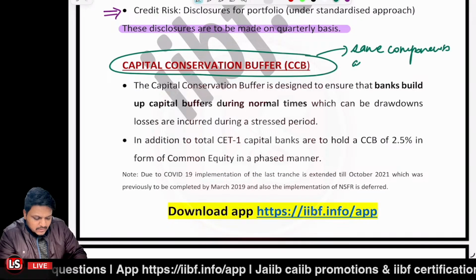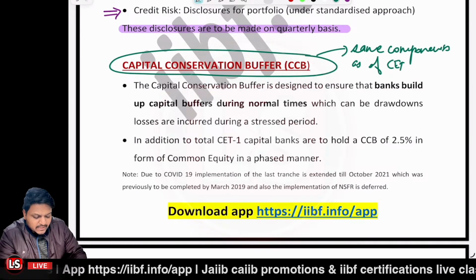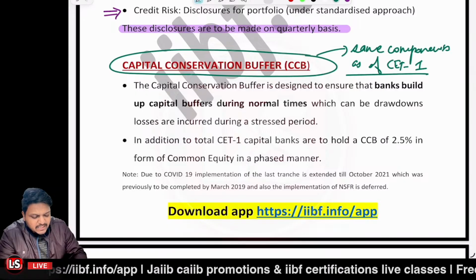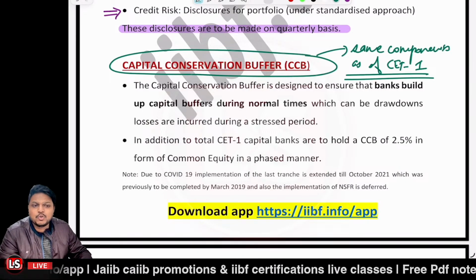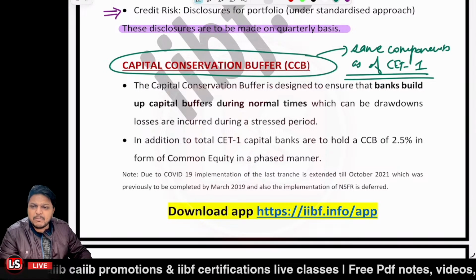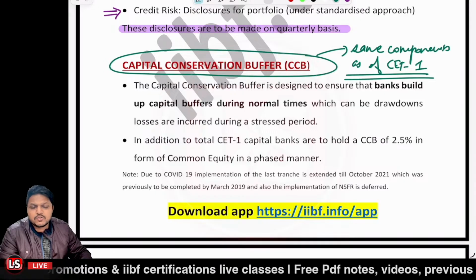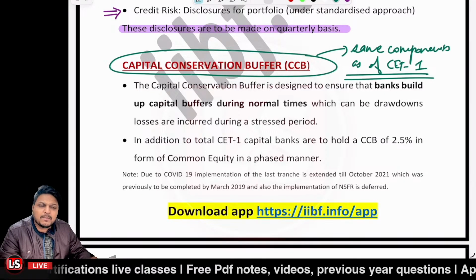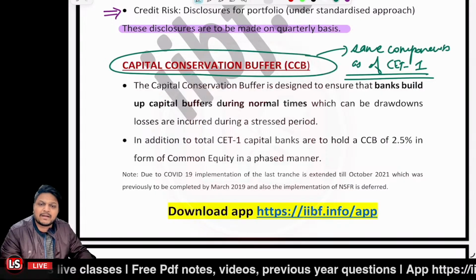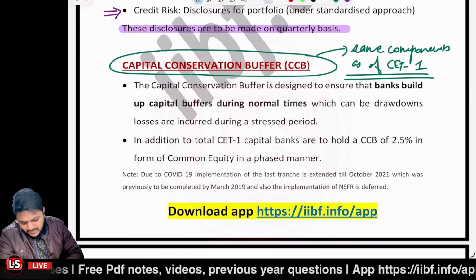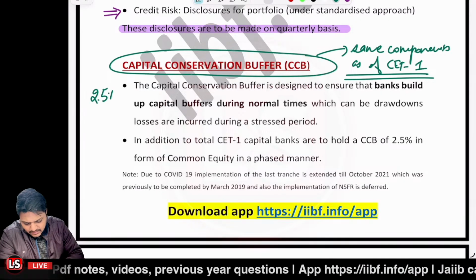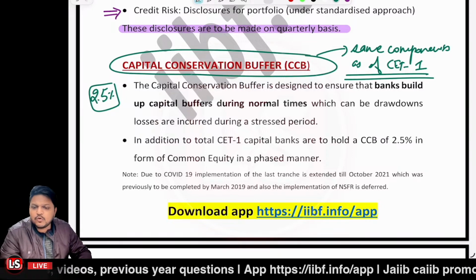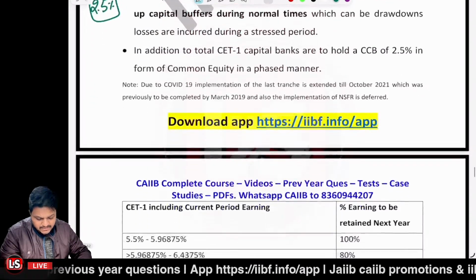In case of CET1 capital, we had 10 components. From those same 10 components, the CCB is to be maintained. It will be very good capital that will be available to the bank. And the CCB is to be maintained at 2.5%.